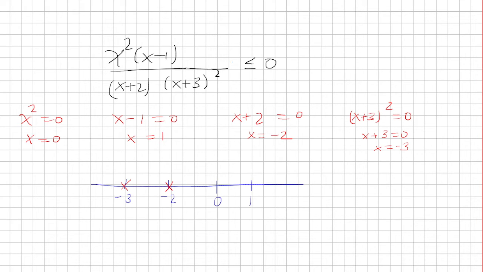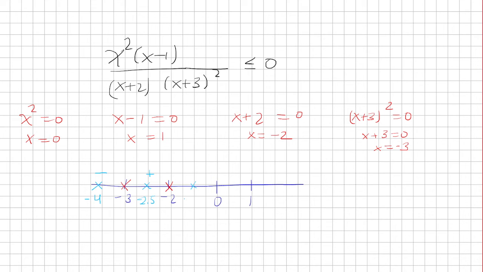Okay, then finally we're going to test points. So you want to pick a value left of negative 3. Let's say negative 4. Plug it into the original rational function. You get a negative. Pick a value between negative 2 and negative 3. Let's say negative 2.5. That's going to be positive.